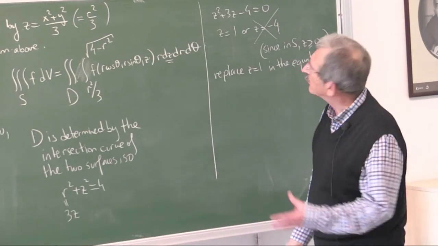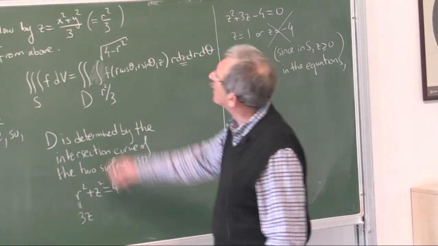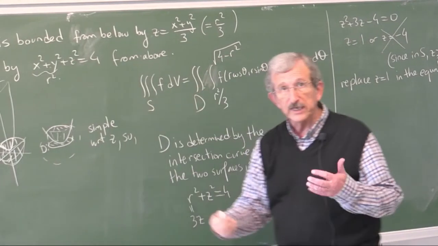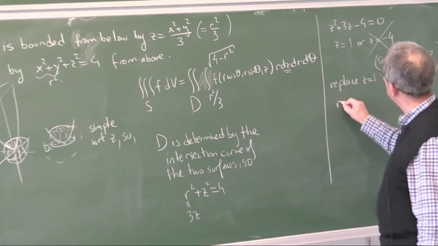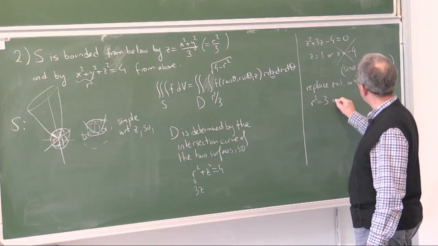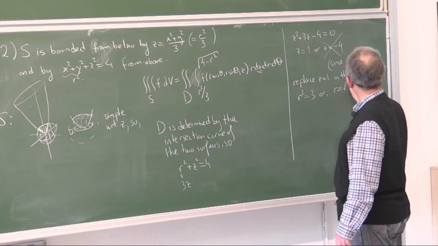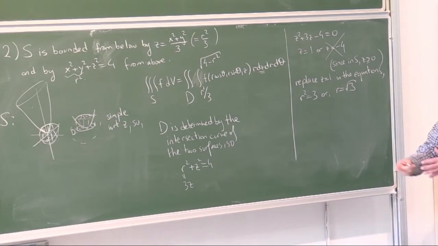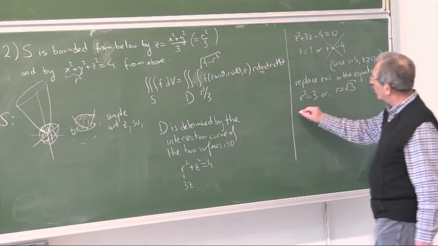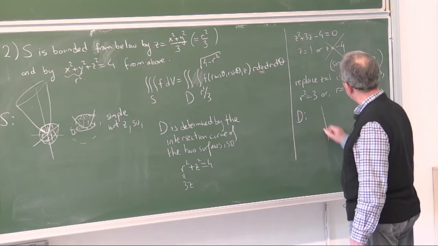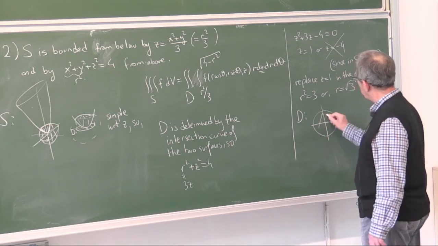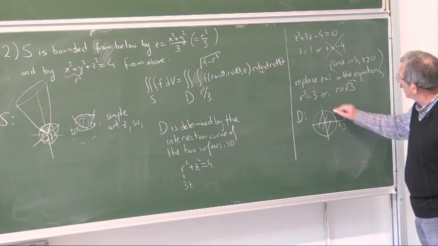They give the same thing. Okay, if z is 1, it means r squared is 3 from here. If z is 1, it also says the same here. So we get r squared is 3, or r is square root of 3. Well, this is as expected, because it's a circle of some radius. So D is then a radius root 3 circle in the xy system.